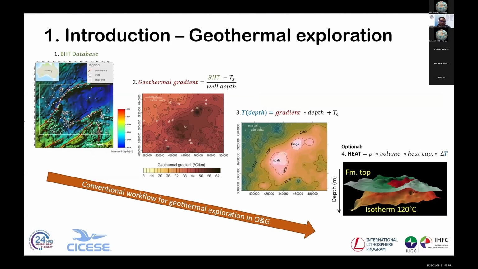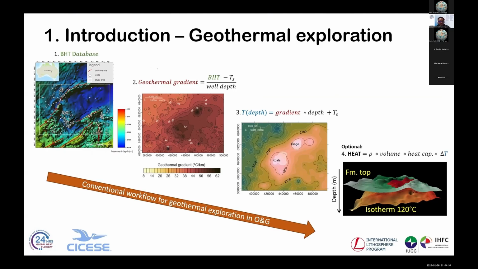We used seismic lines, petrophysical logs, and also some temperature data in the shape of a BHT database. Our study area was in Australia, the Cooper Basin, which is the basin that you can see on the left. And for the exploration assessment, we were trained to follow this conventional workflow.